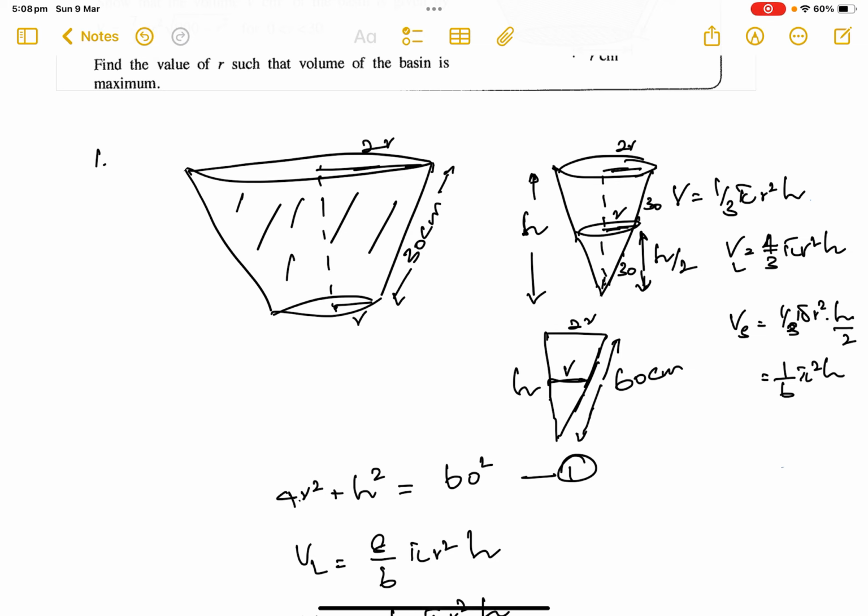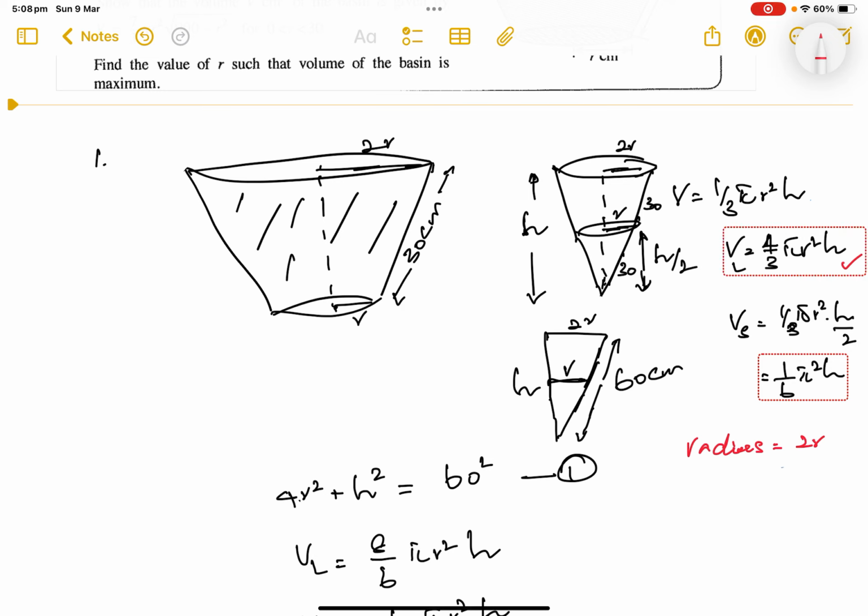How does that come up? The radius of that cone is 2r, so using 1/3 pi r squared h, with radius 2r, 2r squared is 4r squared. That is why it is 4/3 pi r squared h, where h is the height we don't know, so we just call it h.